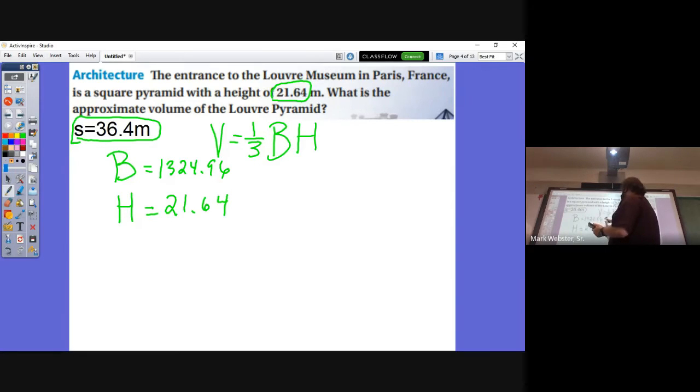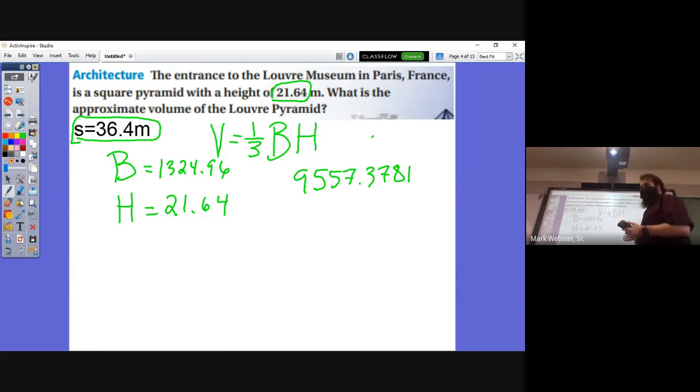So when we do this, 1/3 of this times this, we just get 3, 3, something, something, something. Probably 3 repeating after that. But we only round to the nearest 4 decimal places anyway, and our units are meters cubed.